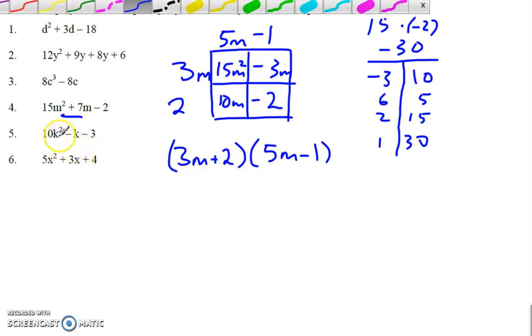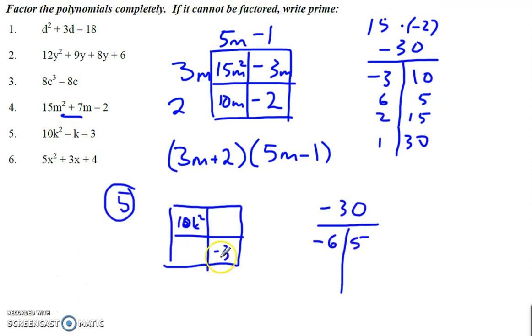Number 5, box again. And boom, there it is. Negative 30, the factors negative 6 and 5 would give me negative 1 there. So negative 6k and 5k. Here I have 2k in common. Here I have 5k.